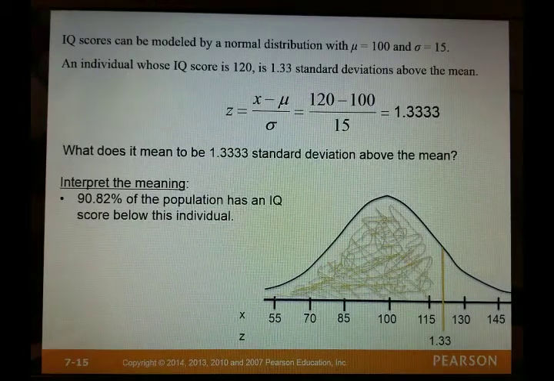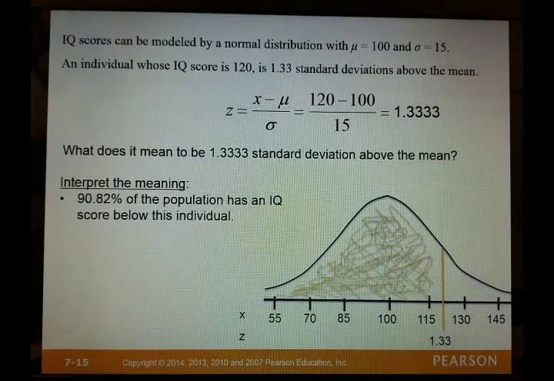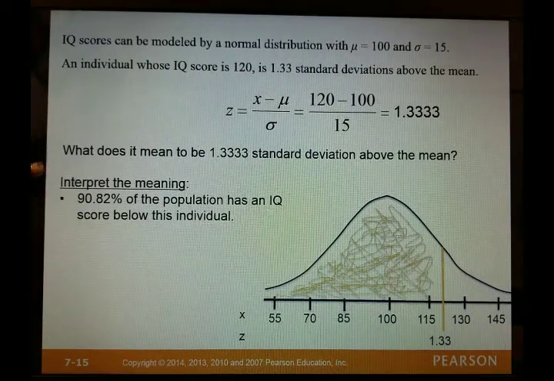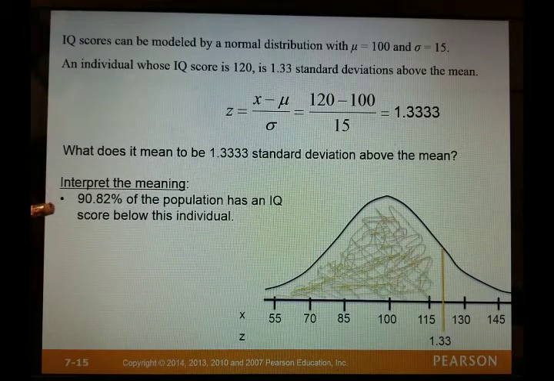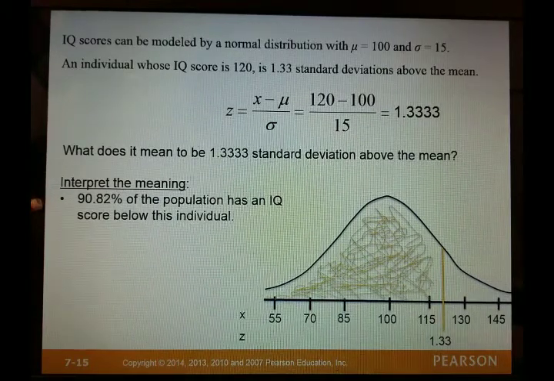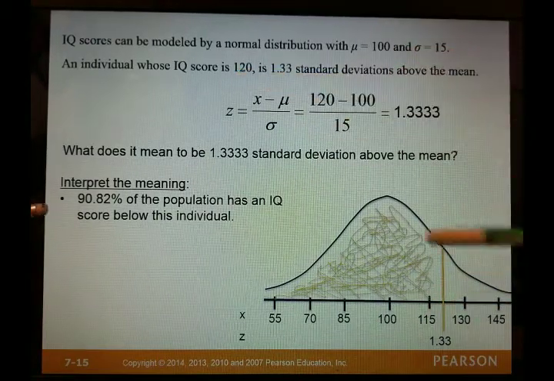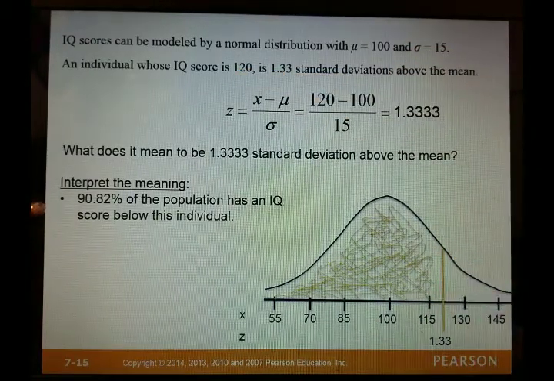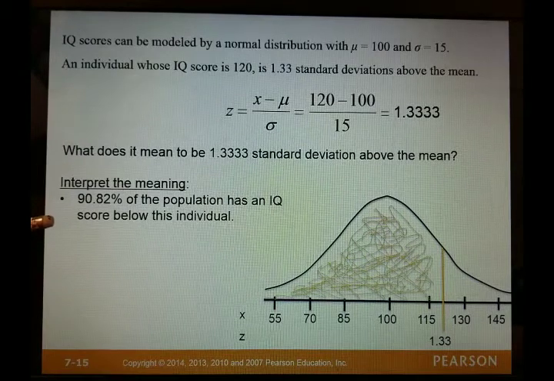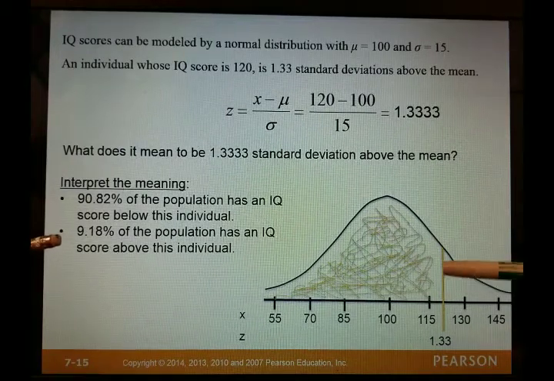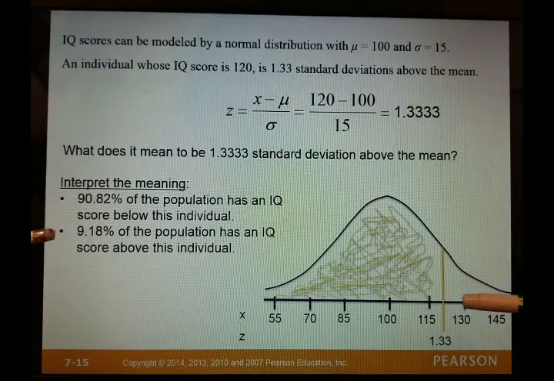When I do that, I would get 0.9082, which tells me that about 90.82% of the population has an IQ score below this individual whose score was 120. About 90% of the population has an IQ score below 120. It also tells me that about 9.18% of the population has an IQ score above 120.